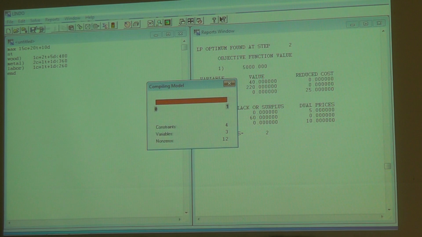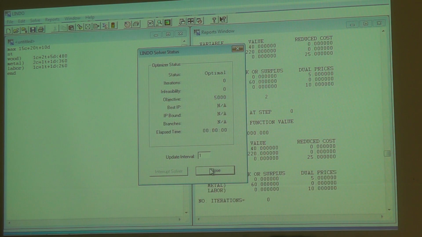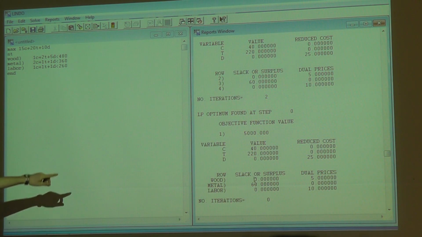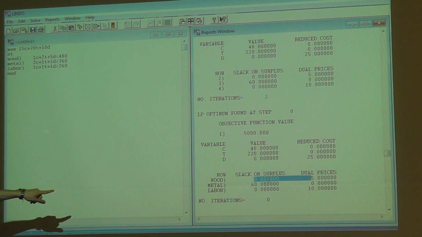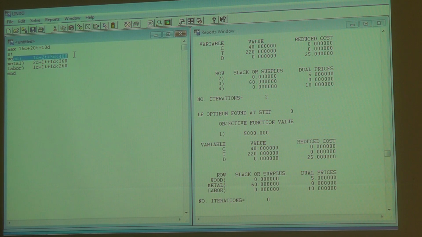Let me solve this problem once again. Now the output is a little bit more readable. There is no slack in wood. It tells you the constraint is called wood, has no slack, which means this constraint about wood was pushed to its limit. The constraint about metal is not pushed to its limit.